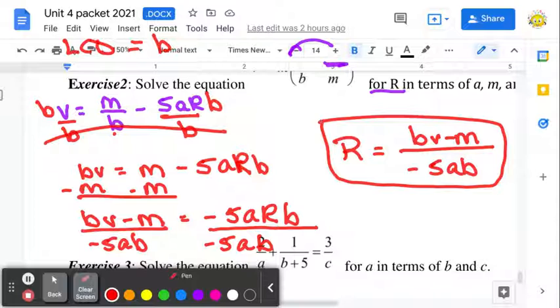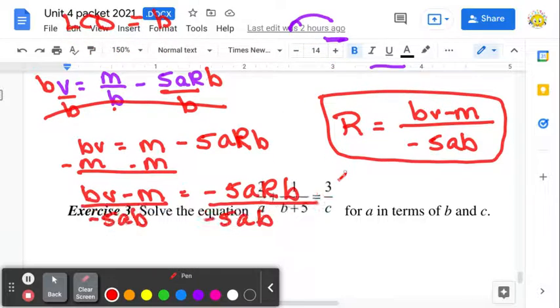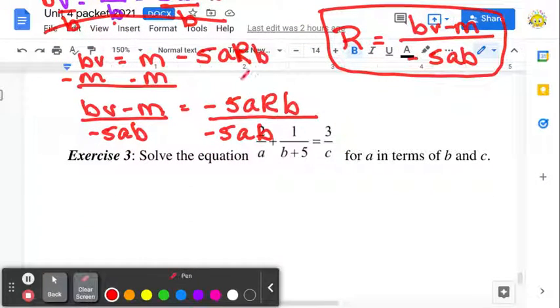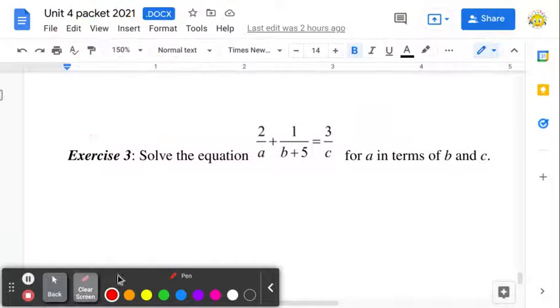So for number 3, we're going to start together and find our common denominator. And then I'd like you to pause it, try a step, check it, and try to do a little bit more of this on your own. So we're solving for A, and we have an A, a B plus 5, and a C as our denominators.